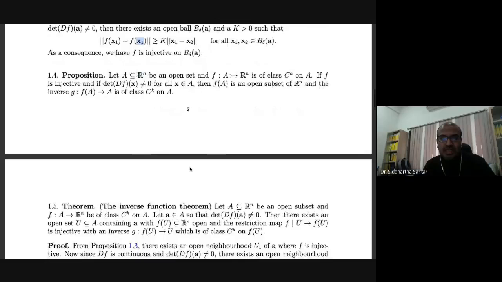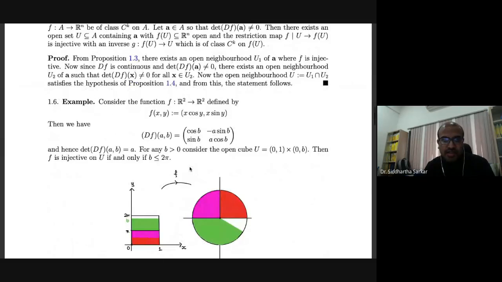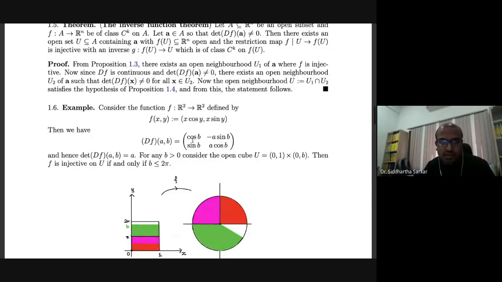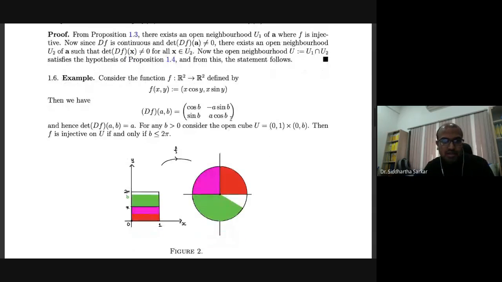Okay, so let's come to an example where we show that this invertibility is not global. Take the usual rotation map, (x, y) maps to (x cos y, x sin y). You stick to the interval 0 to 1 on the x-axis and 0 to 2 pi on the y-axis.